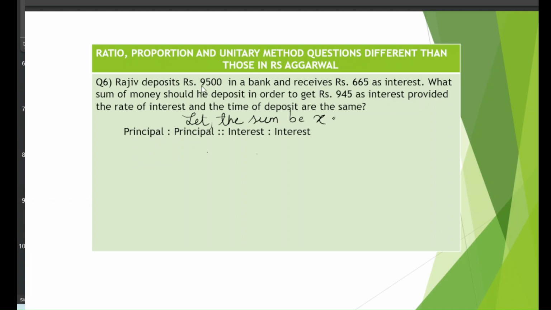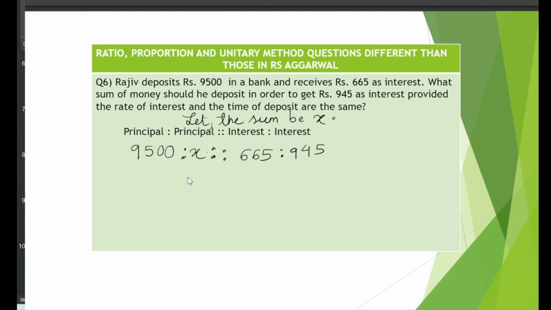So he is depositing rupees 9,500, right? And for that, how much interest does he get? Rupees 665, right? And for X amount, which you don't know, which you are trying to find out, he is going to get 945 if he saves this X amount of money at the same time, and the bank is also paying the same rate of interest.